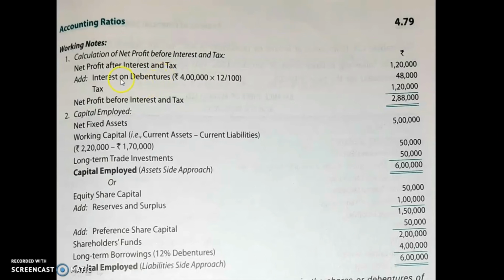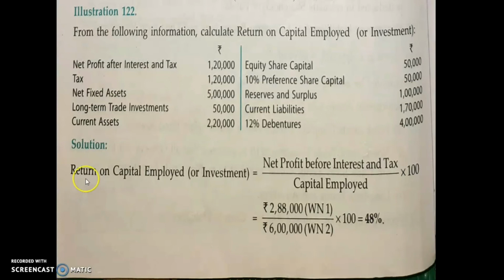Now you want the profit which is before you paid the interest and tax. For that you go back, that is, you have to add back the interest on debentures. How much was the interest on debenture? 4 lakh was the debenture, and on that 12% is the debenture rate. It is given in the question that debenture is 4 lakh and 12% is its interest.